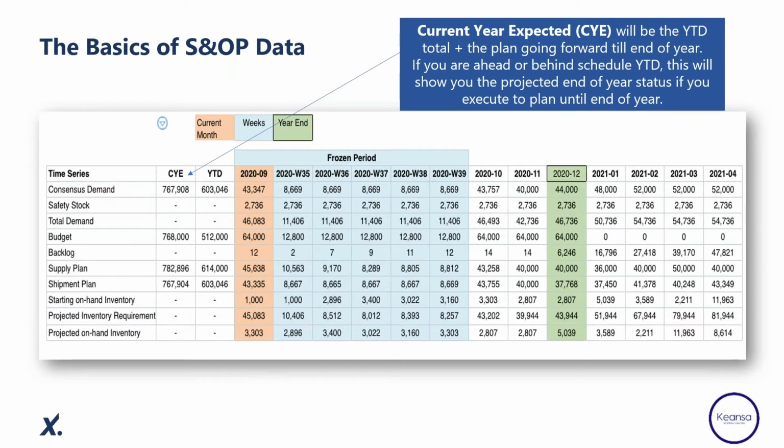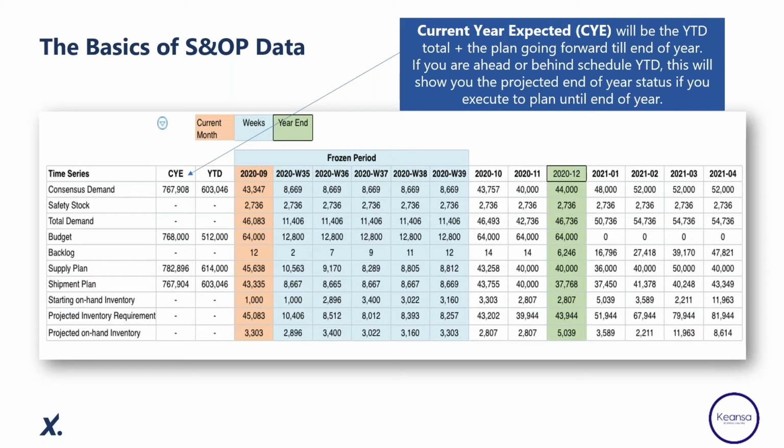What you want to do is see your current year expected and make sure that, even though your year-to-date is behind, you're going to catch up by the end of the year because you've got those sales. They've just slipped, but you're still going to make it, and your financial numbers are still going to come through by the end of the year. And if they don't, then you've got to make some changes. You've got to make sure your sales increase somehow.